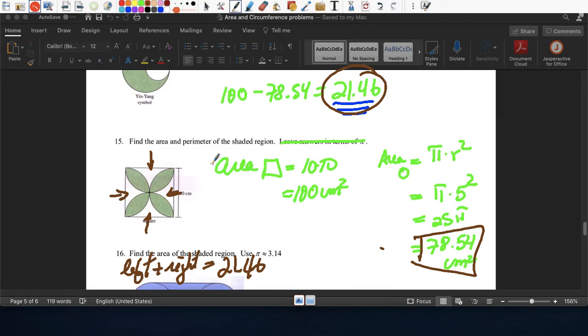Okay, so in this case, 78.54 minus 21.46. 78.54 minus 21.46 equals 5708. So the area of the shaded region is 5708 centimeters squared.